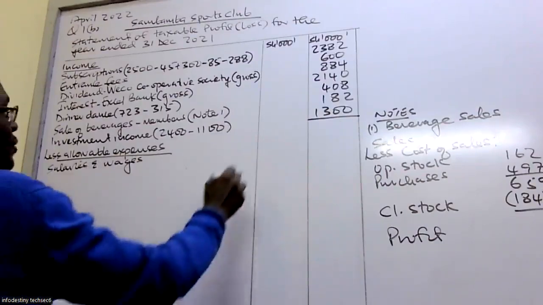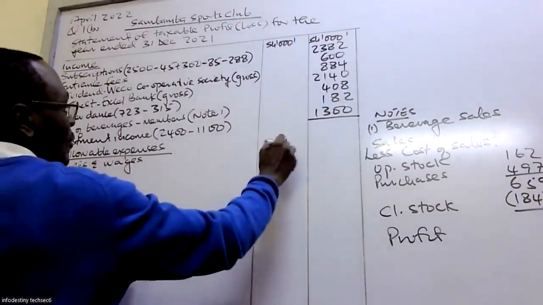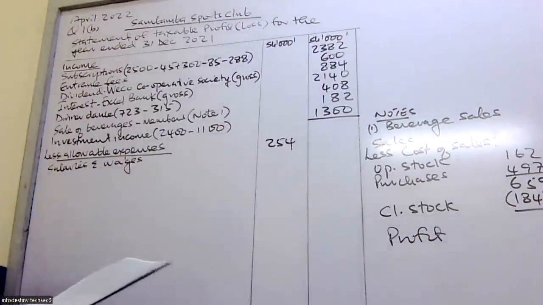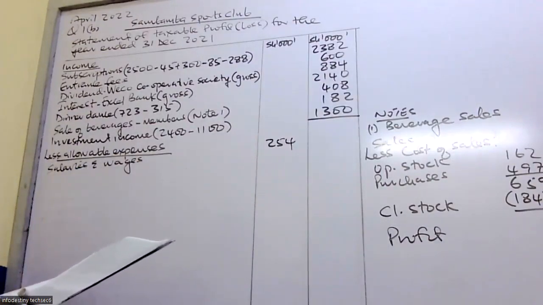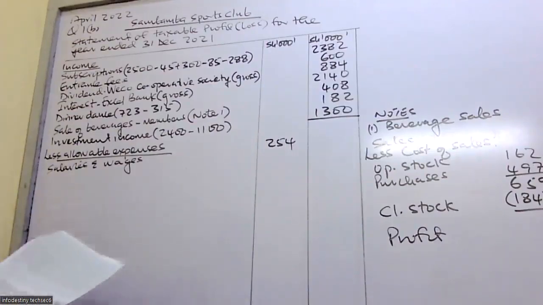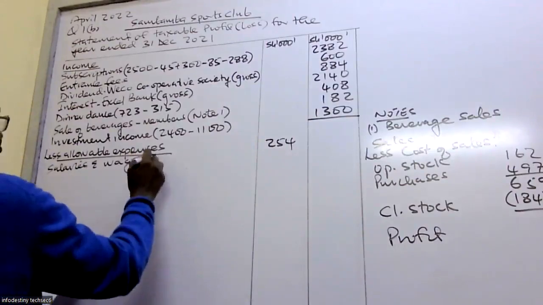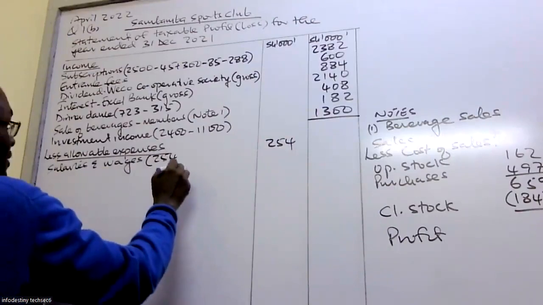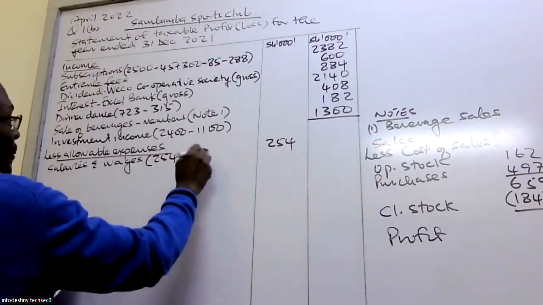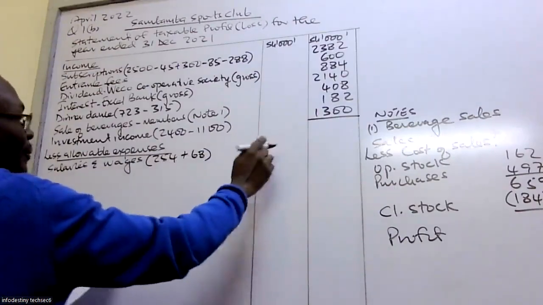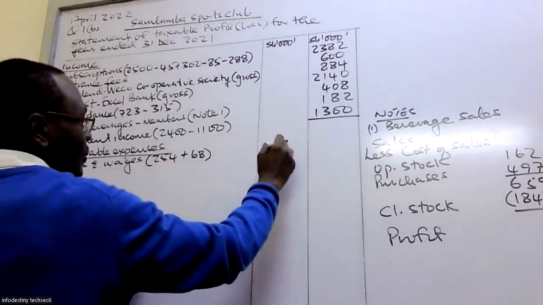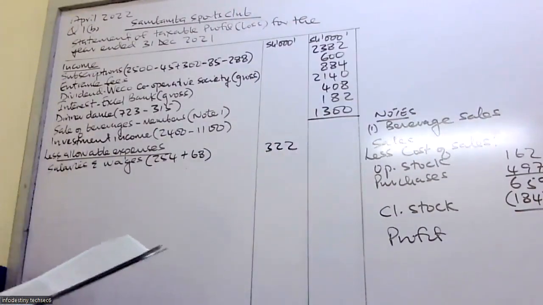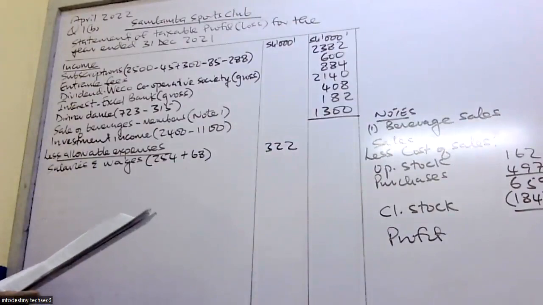Salaries and wages is 254. That's what I was looking for. Okay, there's an accrual at the end of 68, so it will be 254 plus 68. 322 is salaries and wages.